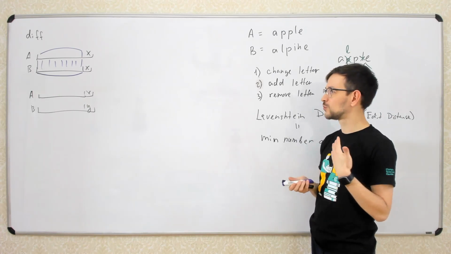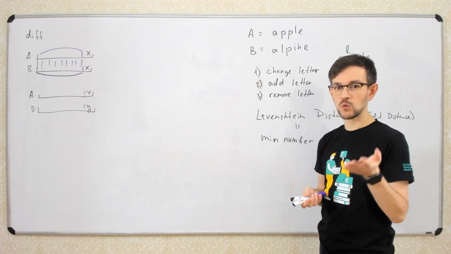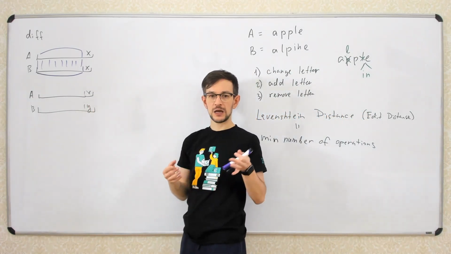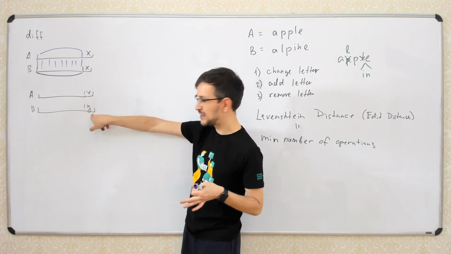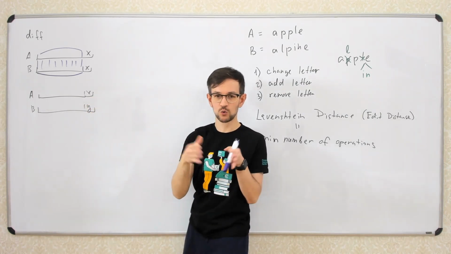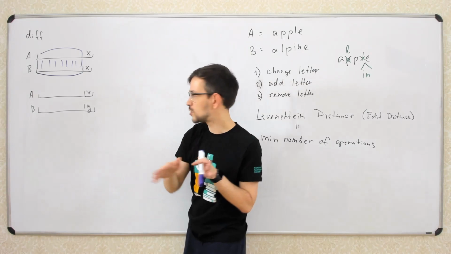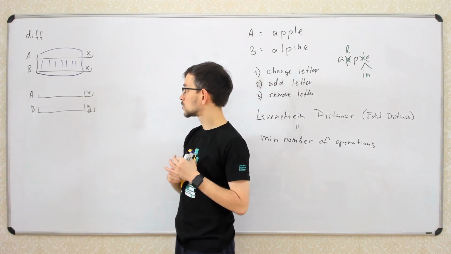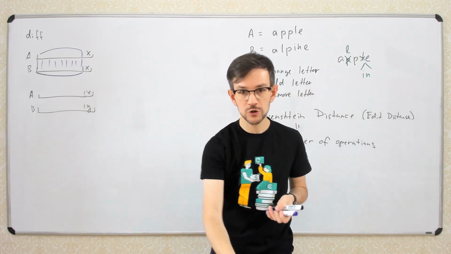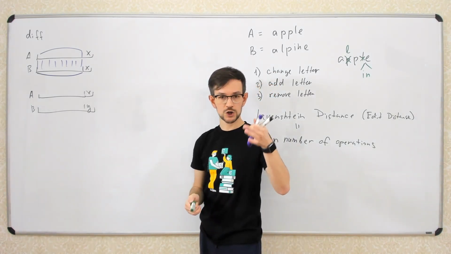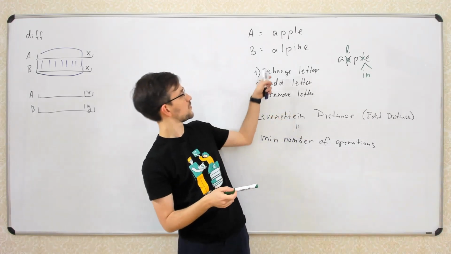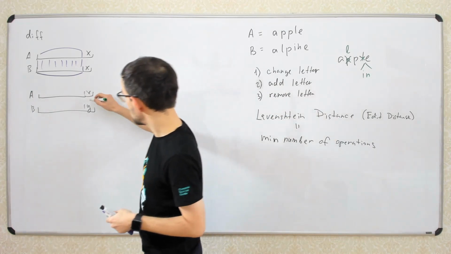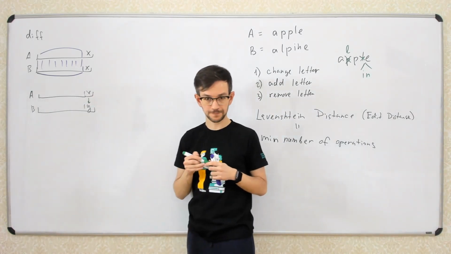There should be at least one operation which somehow changes the last character of the string A. If it was X and in the end it is Y, we need at least one operation which does something with this character X. So what are the options? The first option is simple. We can change the character. This applies the first operation. We can change X to Y. So X became Y.